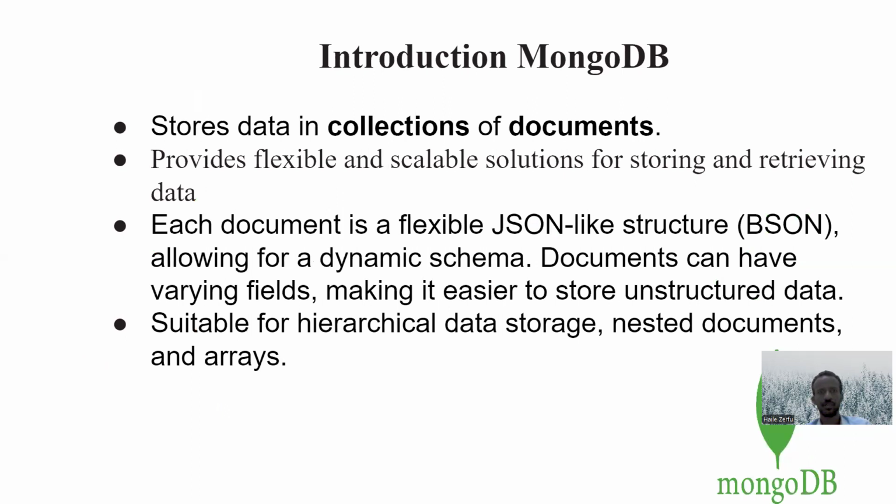Introduction to MongoDB. MongoDB helps to store data in a collection of documents. MongoDB provides flexible and scalable solutions for storing and retrieving data. In MongoDB, each document is flexible, with a JSON-like structure, and BSON means binary JavaScript Object Notation, allowing for a dynamic schema.